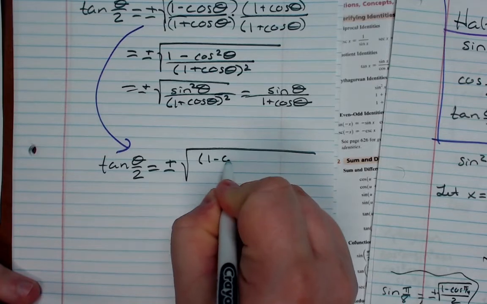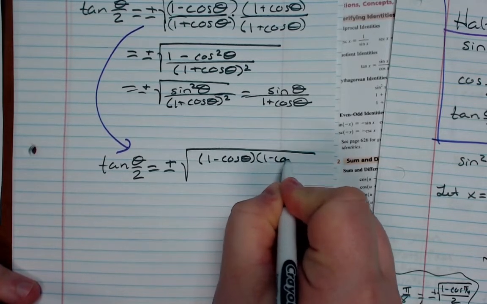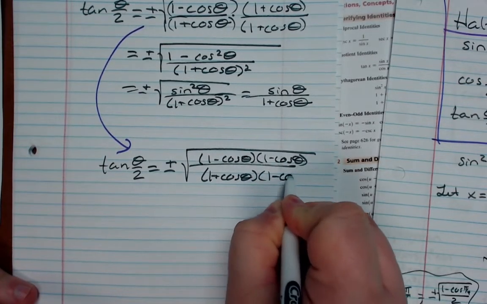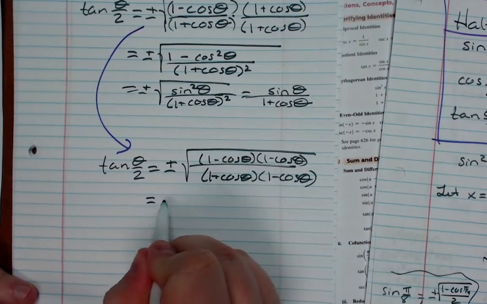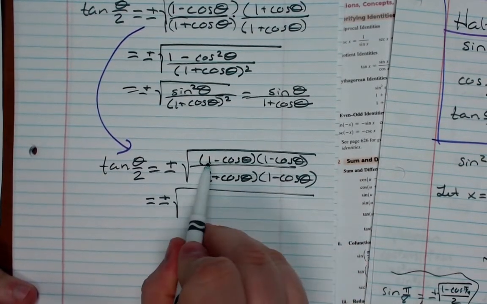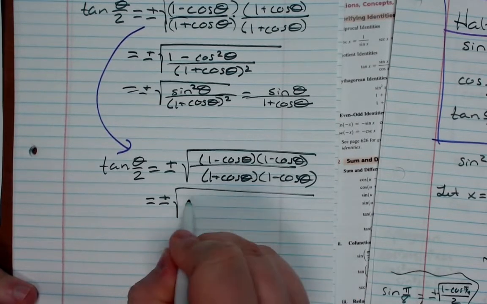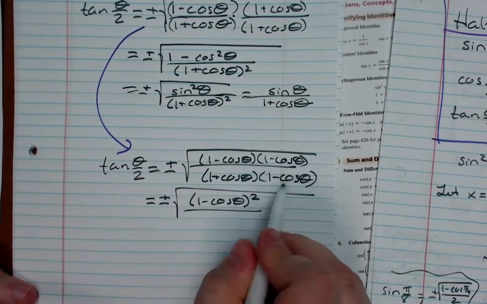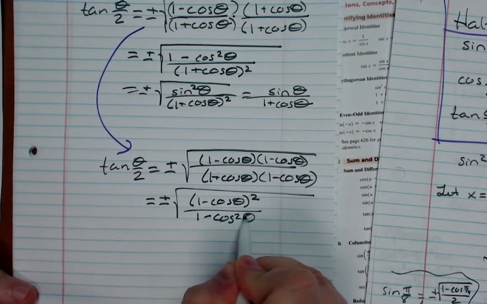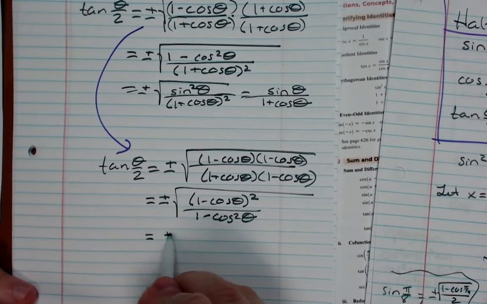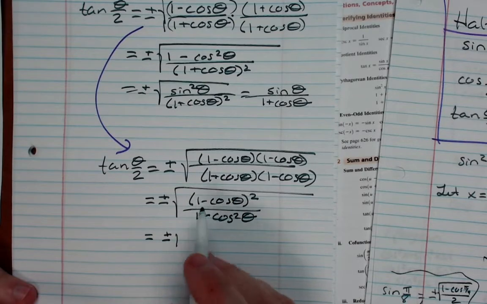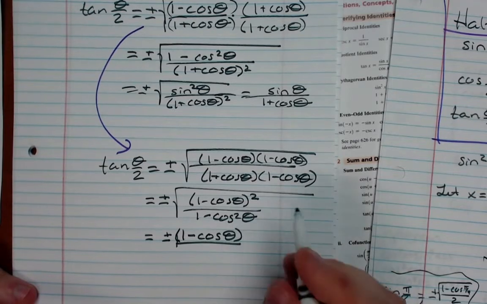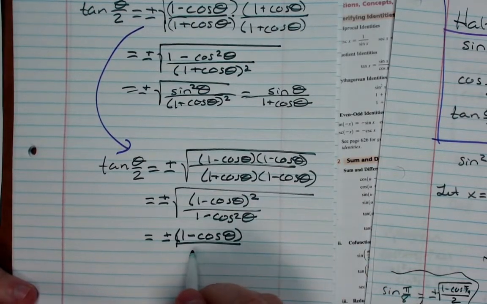So we have 1 minus cos theta over 1 plus cos theta, times 1 minus cos theta over 1 minus cos theta, which gives plus or minus the square root of 1 minus cosine theta squared over 1 minus cosine squared theta. The square root of the numerator is just 1 minus cos theta. The square root of the denominator, well, 1 minus cosine squared is sine squared.